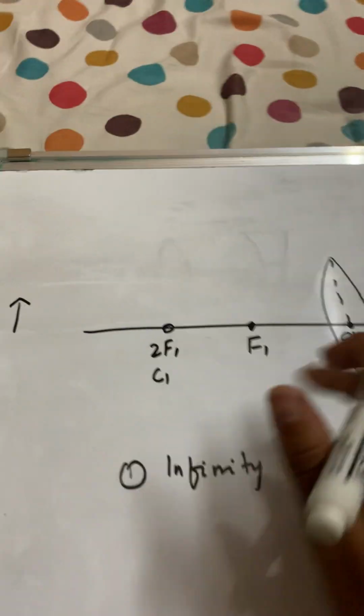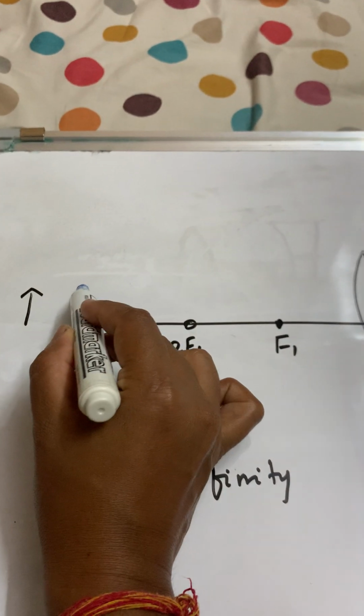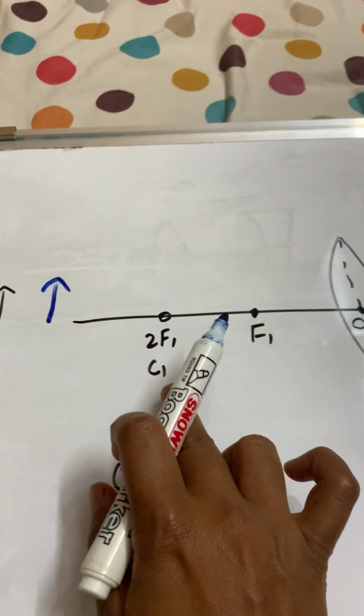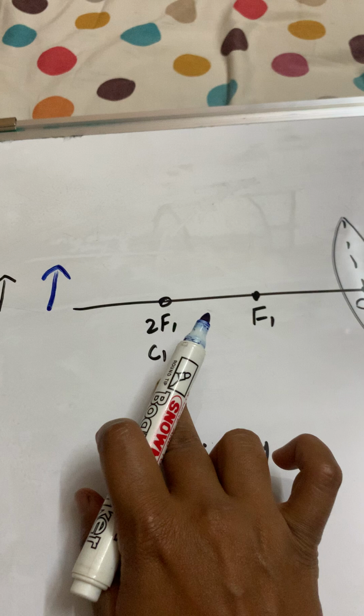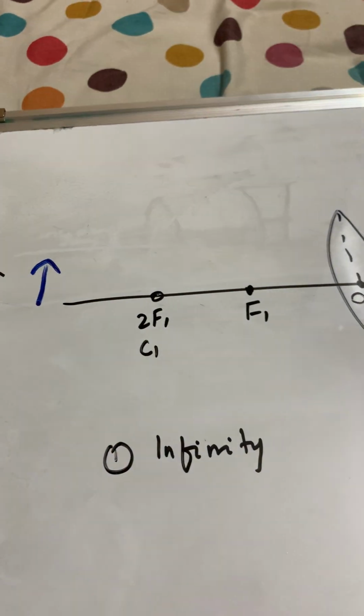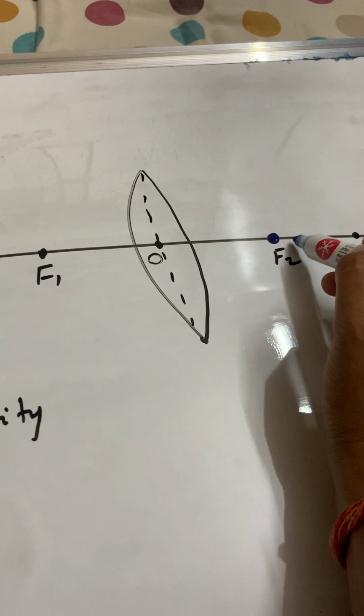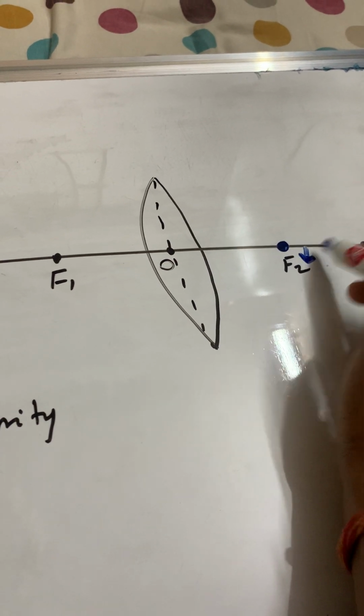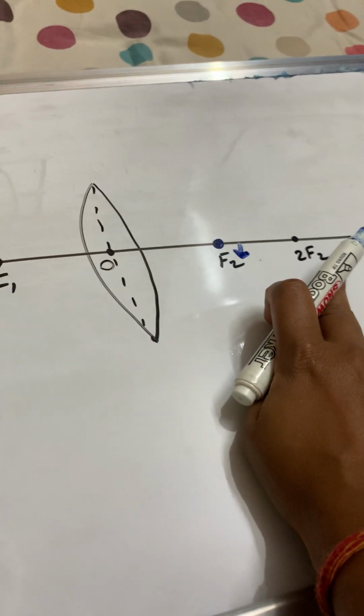Now as the object approaches nearer the center of the lens, the image will be shifting towards the right side of the center with an increase in size.